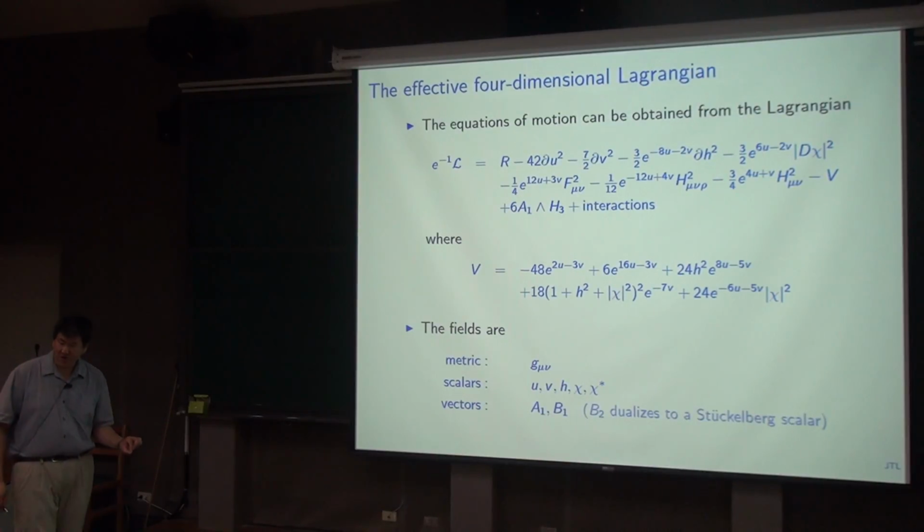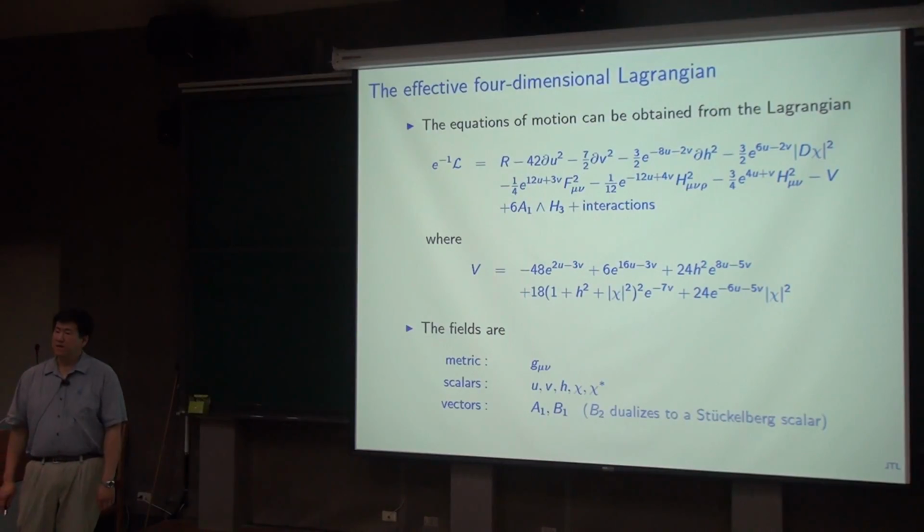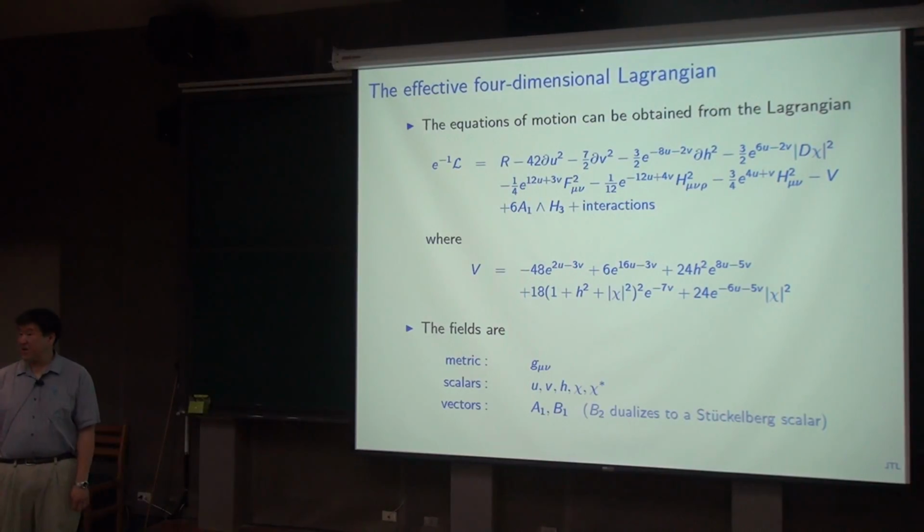If you solve the four-dimensional equations of motion, you're guaranteed to have a solution to eleven-dimensional supergravity. Now, part of the complication for the Lagrangian is because it's a nonlinear reduction. Part of the complication is because they have a bunch of fields floating around. But it's fairly straightforward to understand what's going on.